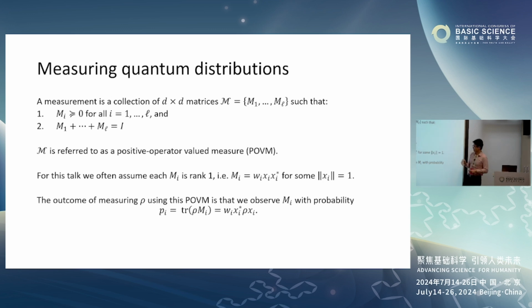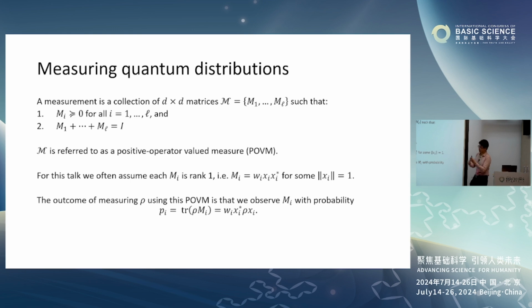This is a very simple calculation. In the special case where M_i is rank 1, you get this nice quadratic form with your vector x_i. Hopefully this makes sense. And you can check that if everything is diagonal, then this recovers classical sampling. So this is a strict generalization of the process of classical sampling.